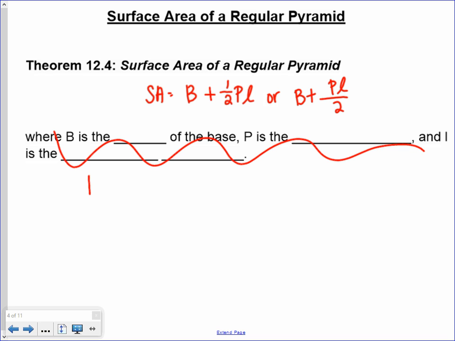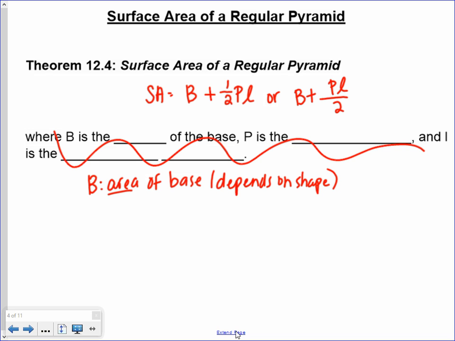Okay, so capital B, just like for prisms, is the area of the base. And just like for prisms, that depends on the shape of it. So all those formulas up there that say B next to it, yeah, it just depends on what shape it is. If it's a triangle, that'll be different than a trapezoid.